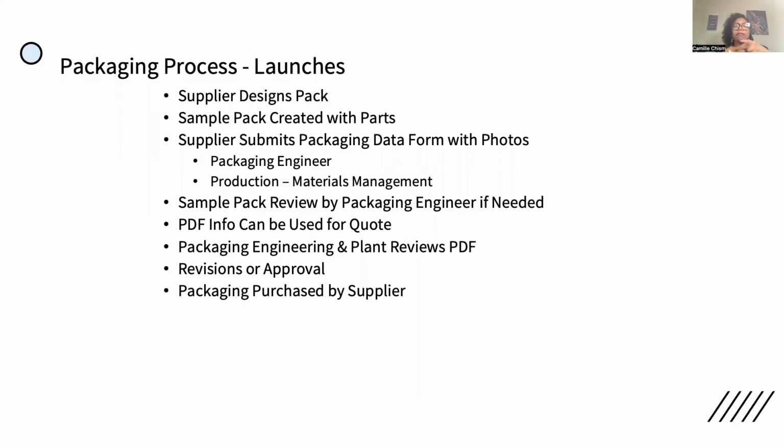Next, again, you've got revisions. You want to make them as early as possible. You want to do it before there's a commitment to pricing or tooling. And then after all the approvals are done, which would include a PPAP, a pre-production approval process that's done by quality, once that's done, then the purchasing team can kick off buying the containers, or whatever that agreement is.